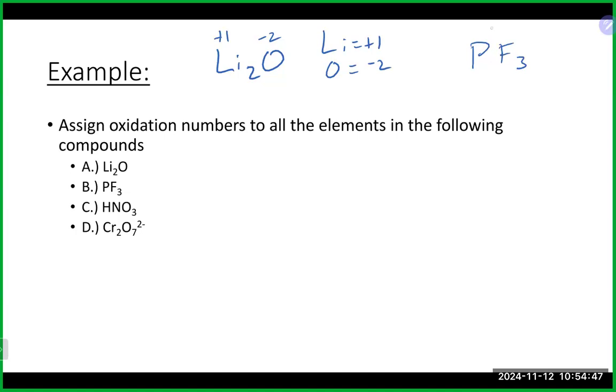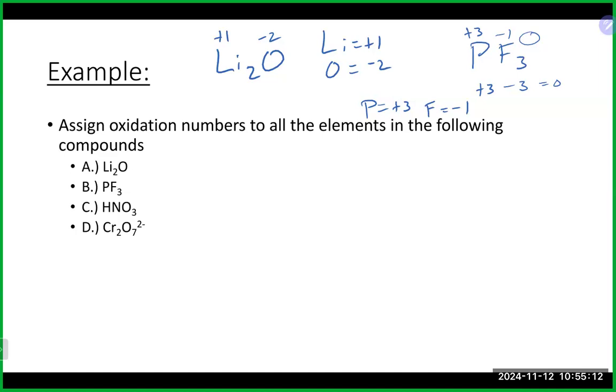Fluorine, again, always going to be -1, and there's 3 of them, which gives us a -3 in this case. And our phosphorus there, since this has no charge, should equal 0, so that's got to be a +3 in this case. So the phosphorus here would be +3, and the fluorine would be -1 in that case.